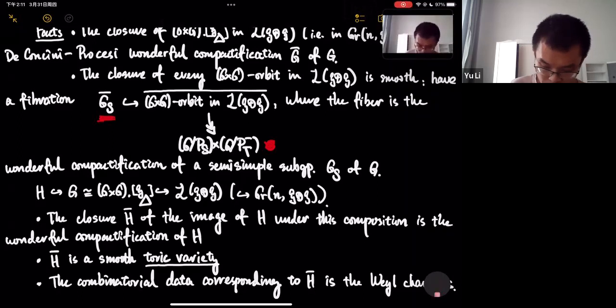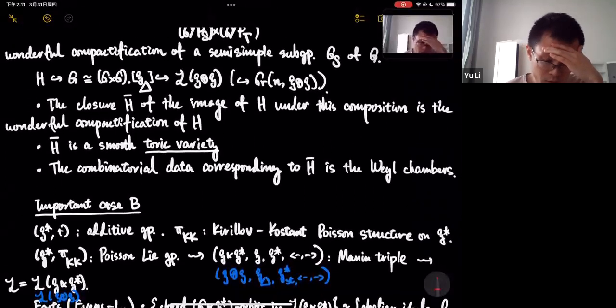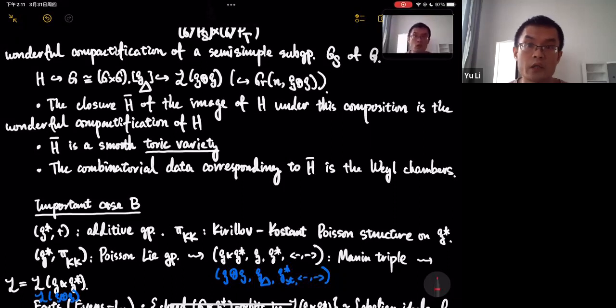Now in this case, I can embed the Cartan subgroup H. The Cartan subgroup H is a subvariety of G. As I said, G is now identified with an orbit of the Drinfeld double group, which sits inside the variety of Lagrangian subalgebras. So I can take the closure of H inside the variety of Lagrangian subalgebras, or equivalently inside the Grassmannian. This closure, H bar, is a toric variety, in a sense the prototypical example of toric varieties.